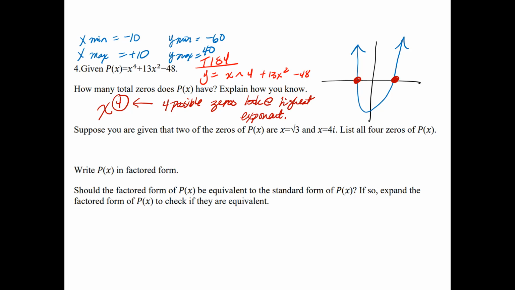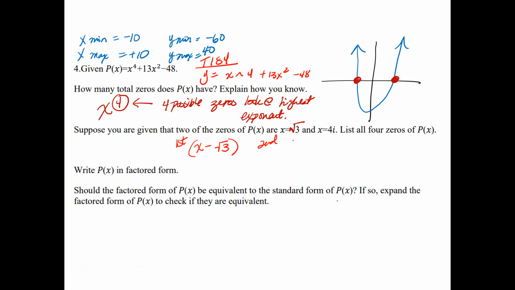Okay, so then suppose you're given 2 zeros, x is square root of 3 and x is 4i. List all 4 zeros of p of x. So if you have a square root of 3, and I need to put this back into the zero factor form, it'll be x minus square root of 3. So that is your first factor.